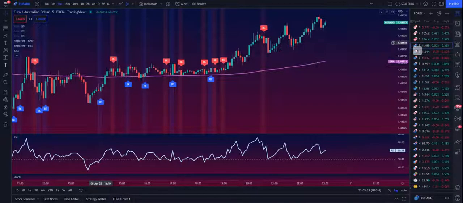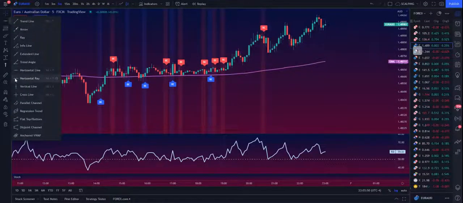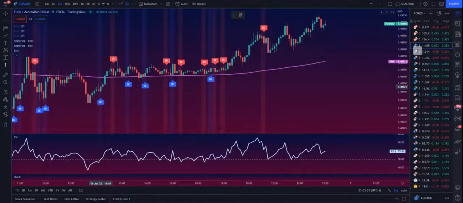Okay. So one of these blue ones. We need that. And we need this to be above the 50 when that happens. So right here, you can see at this candle, we are just above the 50. So I kind of took a chance and traded that. So this was my entry point.